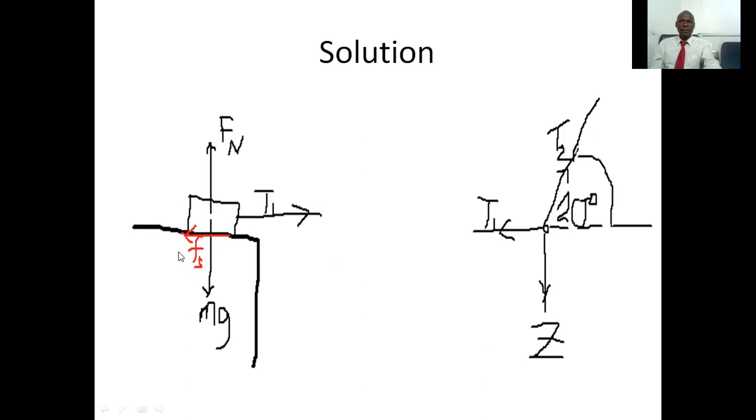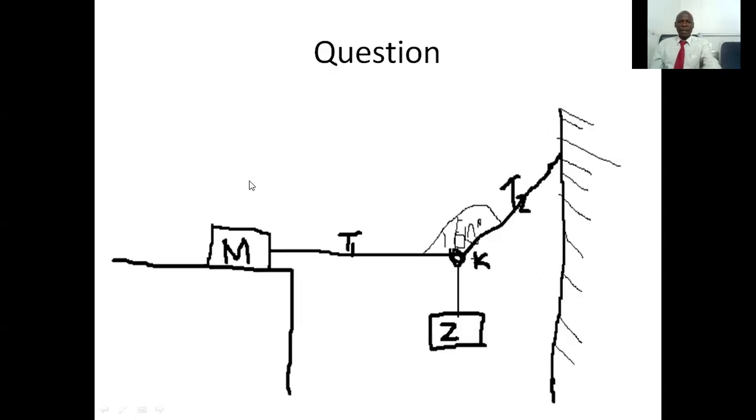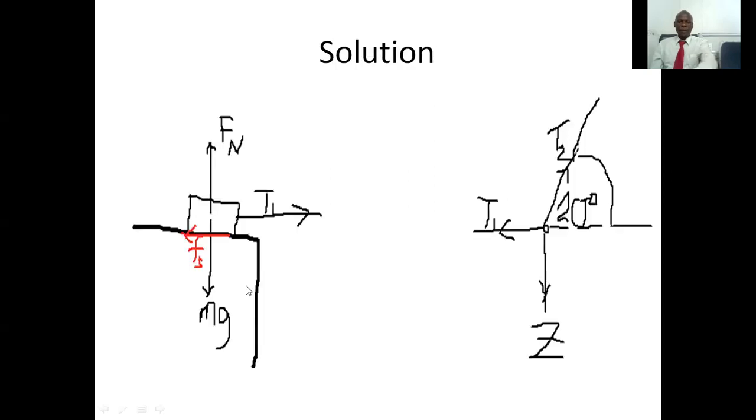These are the forces at play on system number 1. So this is a free body diagram. I recommend that each time we have such questions, you draw a free body diagram so that you can isolate the forces involved.